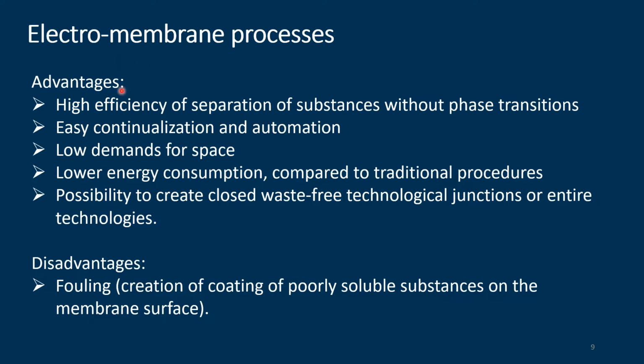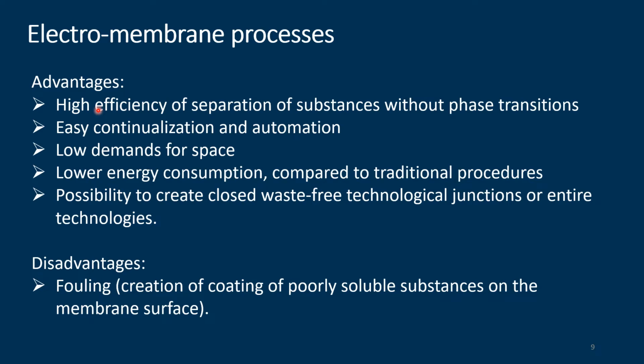So the advantages are high efficiency of the separation of substances without phase transitions. Especially, they can selectively separate ions, as I mentioned, the sulfate and chloride. So you can try to utilize some monovalent anionic membrane.